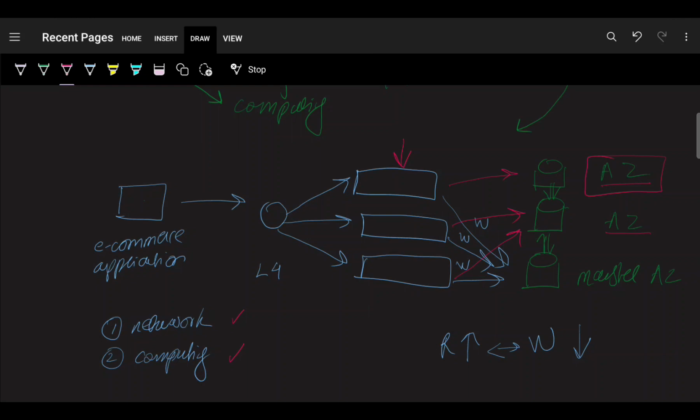Even when we talk about having everything in one availability zone, if something like a disaster happens, then there's a high risk that all these resources can just die.